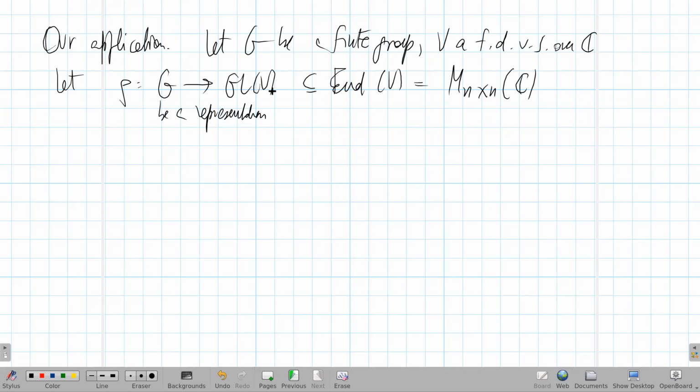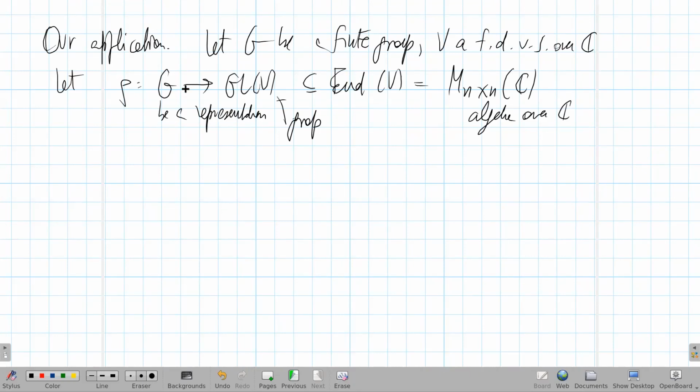The invertible matrices will live inside all n by n matrices. So this is an algebra over C, a ring which is also a vector space, and this is a group. So you see, you have a morphism rho from G into this algebra, a group morphism, which means you respect products, inverses, and one.